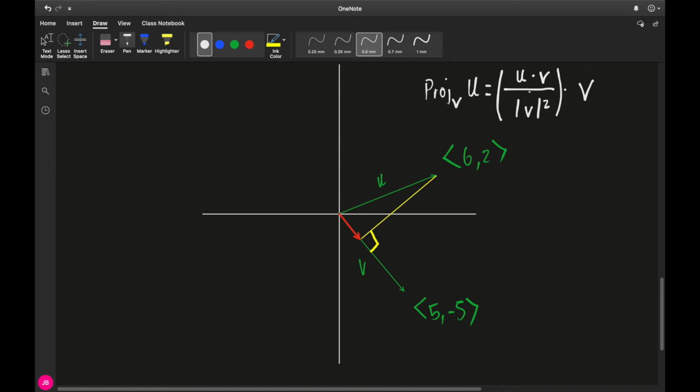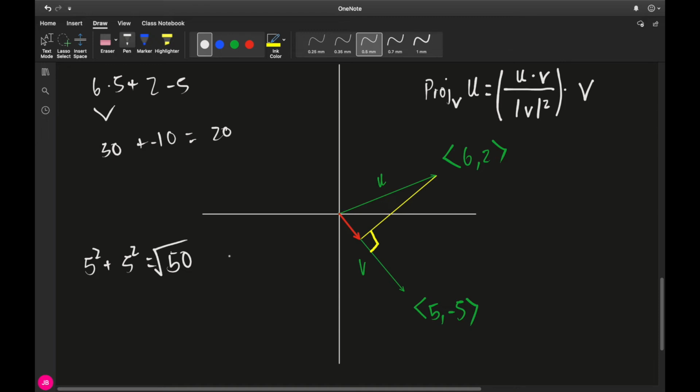So by using the dot product, 6 times 5 plus 2 times -5, I get 30 plus -10, which is equal to 20. And now I need to find the magnitude of v. That's my dot product. And the magnitude of v is actually 5 squared plus 5 squared, which is equal to 50.